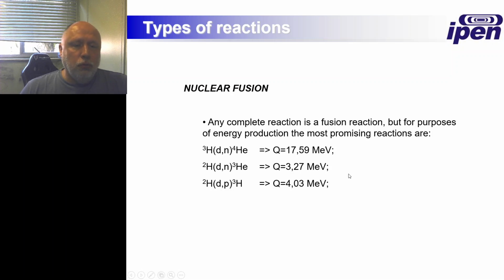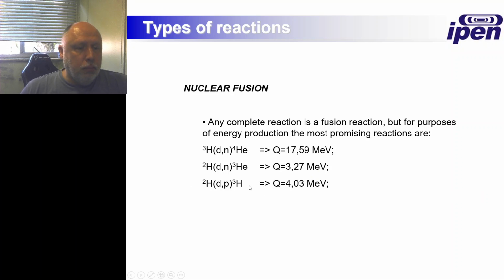And you produce 3.27 mega electron volts. Or when a deuteron interacts with another deuteron, you can produce a proton and a tritium, right, with 4 mega electron volts of Q. All of these are positive. This one is much more positive than the others, but all of them can produce energy.